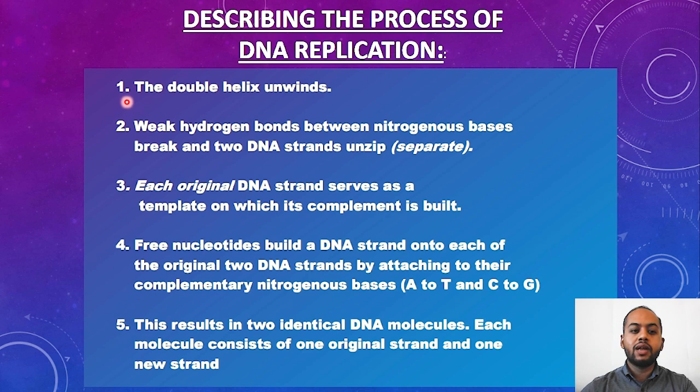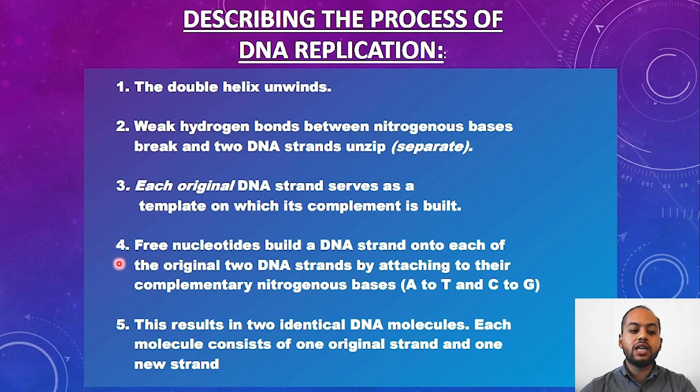So firstly, number 1, the DNA double helix is going to unwind and unzip. Number 2, the weak hydrogen bonds between the nitrogenous bases are going to break and 2 separate DNA strands are going to form. Number 3, each original DNA strand will serve as a template on which its complement is built.